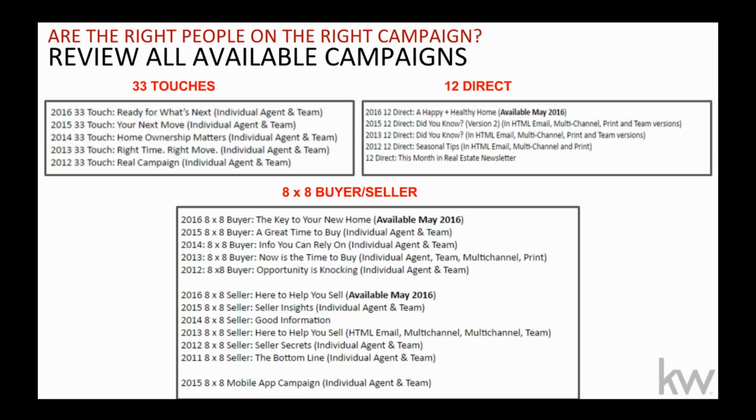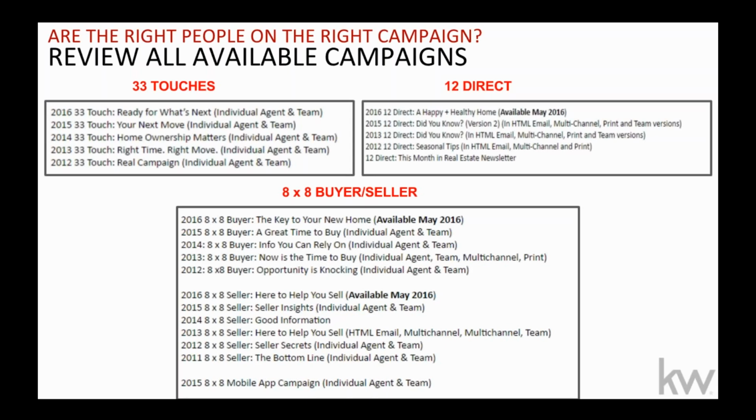If you are not able to convince them that you're the best person to do the job of helping them or someone they know find real estate, then we are going to put them on a 33 touch, because after that 8 weeks, if they're not convinced with the information we've been sending them, it's time for us to move on to others that may be ready, but not forget about them.